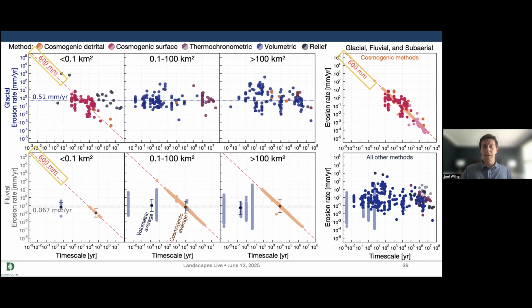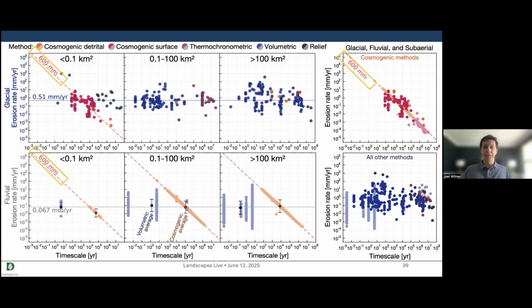It's also important to note that the slope of this Sadlerian trend corresponds to a length scale of 600 millimeters. If you take the units on the y-axis and the x-axis, it corresponds to a length scale, which just so happens to be the average penetration depth of cosmic rays into rocks, below which you get efficient attenuation of cosmic rays.